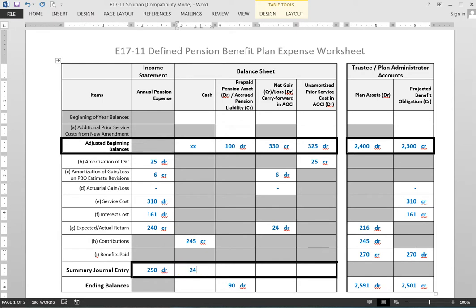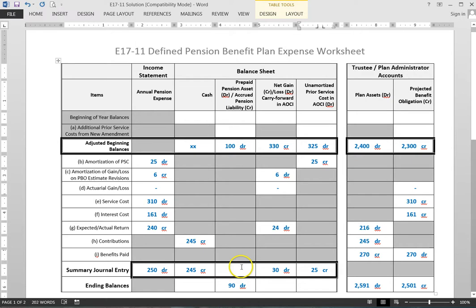I have a $245 credit entry to cash. I have 2 debits to the gain and loss carry forward account. That adds up to $30,000. And then I have 1 entry to the unamortized prior service cost account, and that is a $25,000 credit entry.